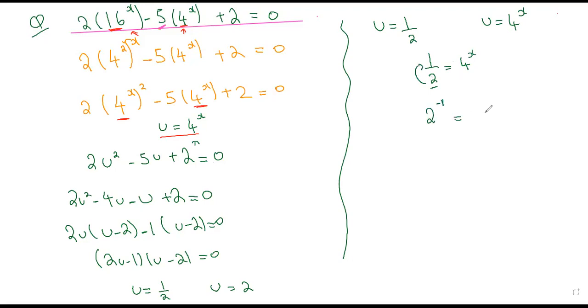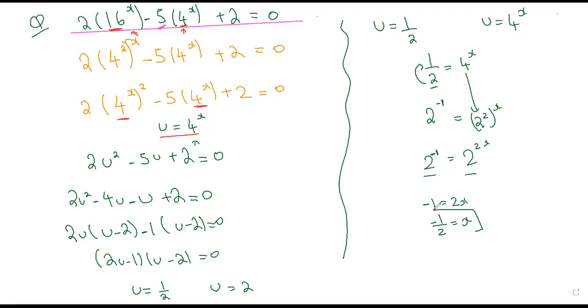This 4 can be written as 2 square and x is being multiplied. Again, 2 to the power minus 1 equals 2 to x. Bases are same. I can equate the powers. So this is giving me minus 1 by 2 as x.